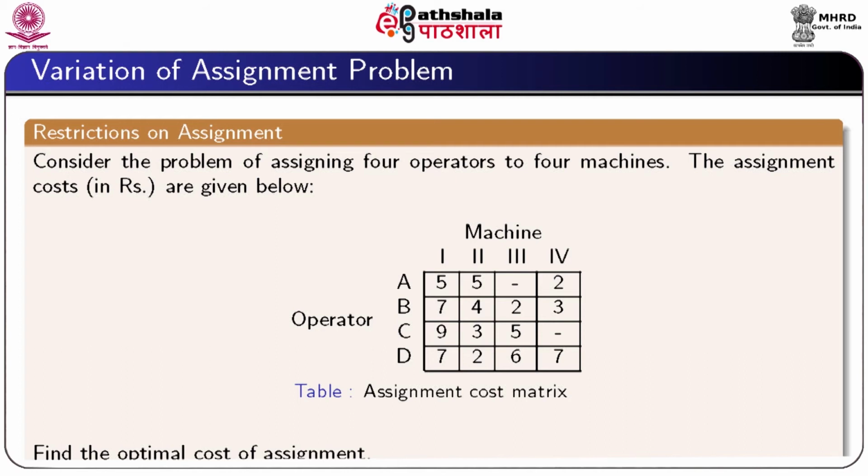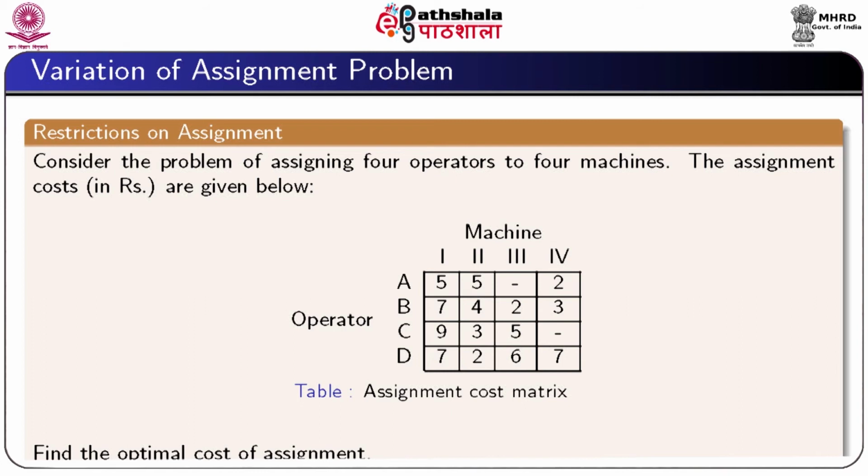Here we consider the problem of assigning 4 operators to 4 machines, and their assignment costs are shown in the following assignment cost matrix. Our objective is to find the optimal cost of assignment. We notice that operator A cannot be assigned to machine 3, and also operator C cannot be assigned to machine 4.